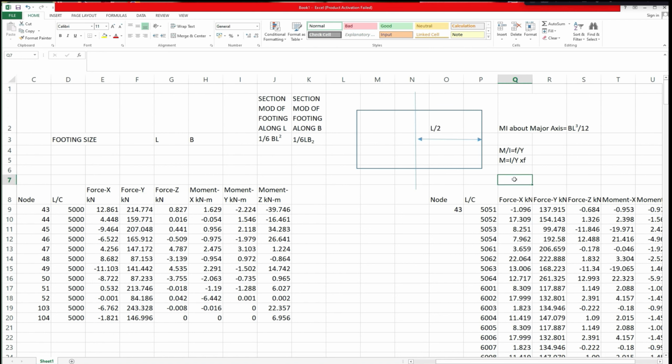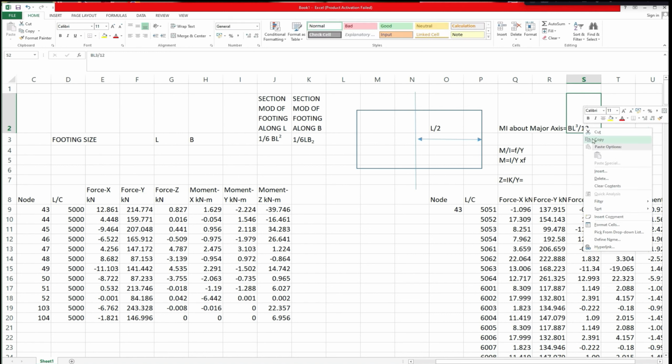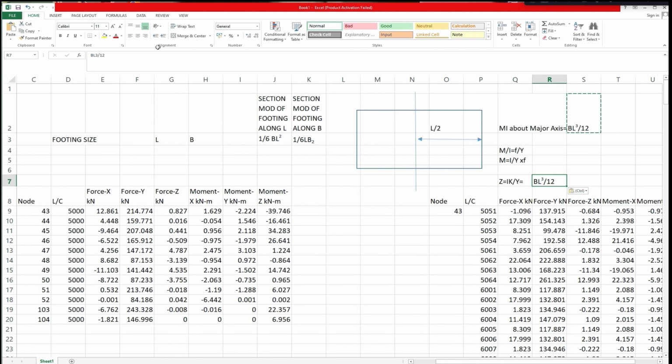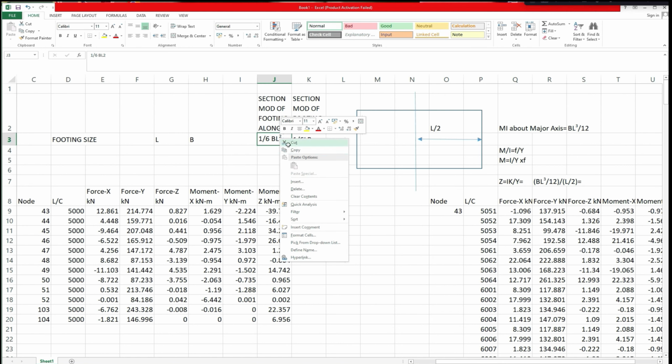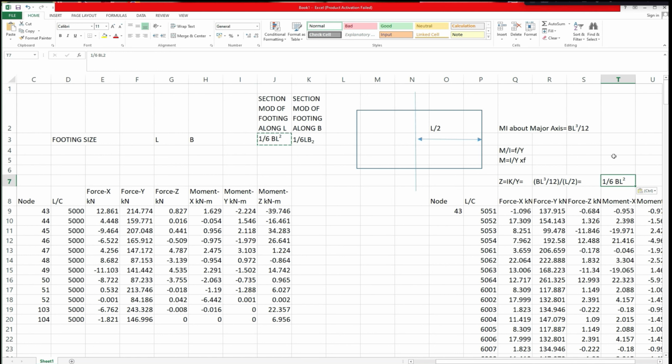So our section modulus Z is equal to I by Y, which is BL cube by 12 divided by L by 2. That gives us the section modulus about the major axis. The section modulus about the minor axis can be worked out in a similar manner.